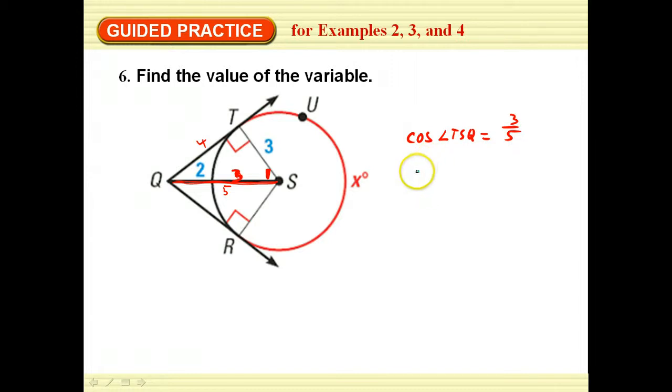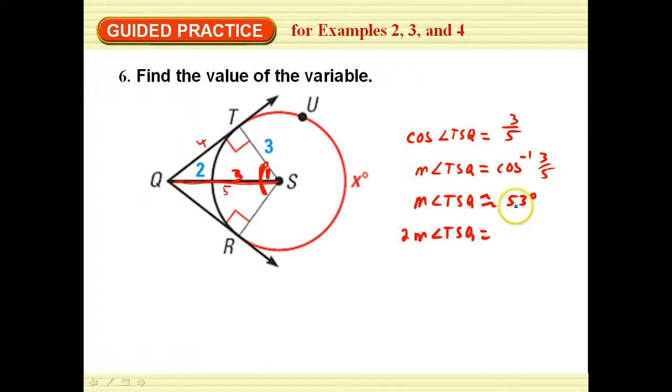And so the measure of angle TSQ is equal to the cosine inverse of 3 over 5. So the measure of angle TSQ is approximately equal to 53 degrees. That means that this entire angle here is twice the measure of angle TSQ, which is equal to 106 degrees.